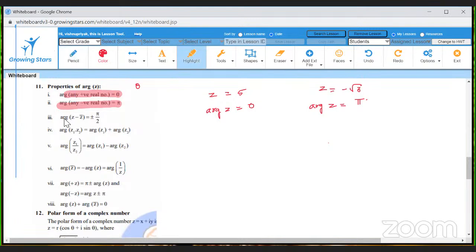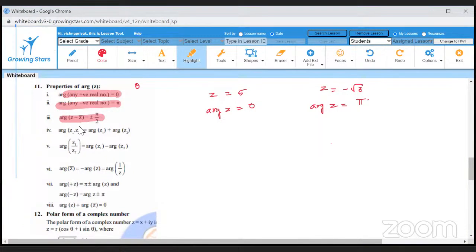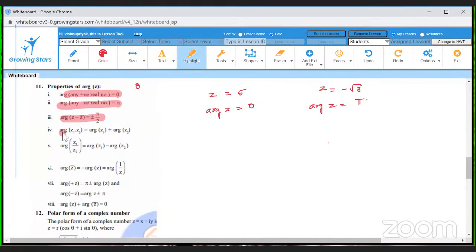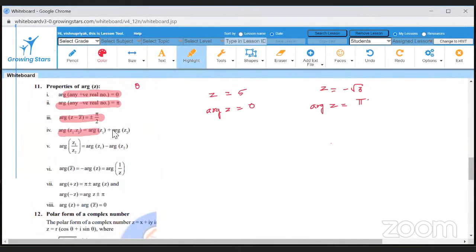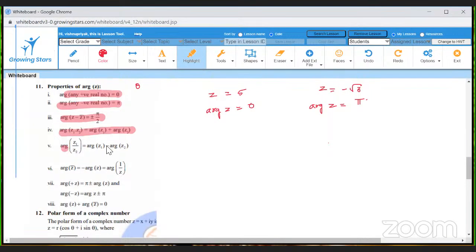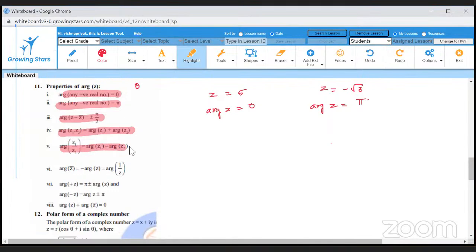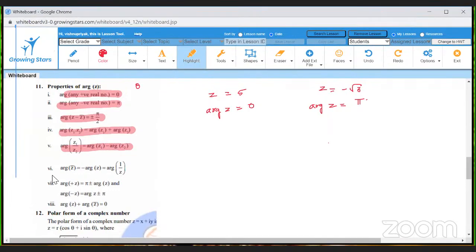Argument of Z minus Z bar will be plus or minus pi by 2. Argument of Z1 into Z2 will be argument of Z1 plus argument of Z2. Argument of Z1 by Z2 will be argument of Z1 minus argument of Z2. For this, I'll give you one example.